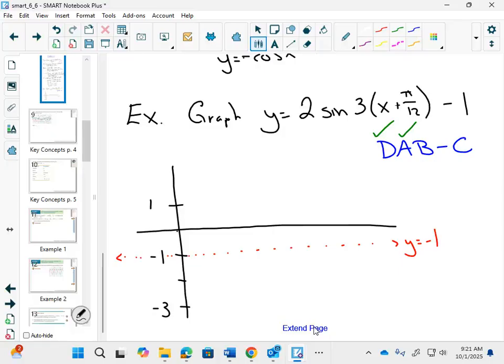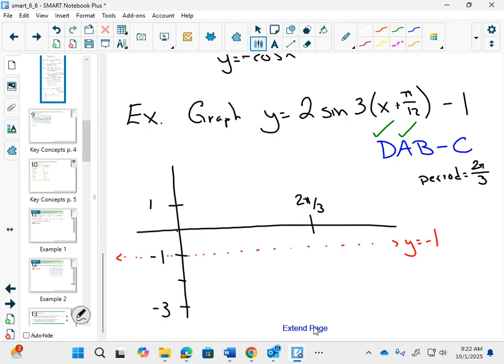Your B value finds your period. So if my B value is 3, my formula says that your period is always 2 pi divided by your B value. My period would be 2 pi over 3. I take my period, choose somewhere along my x-axis, mark it and label 2 pi over 3.